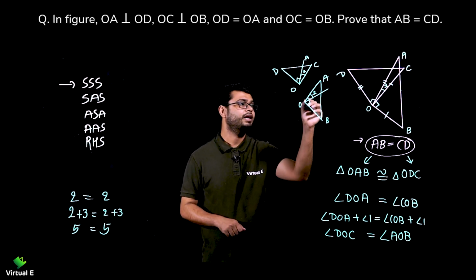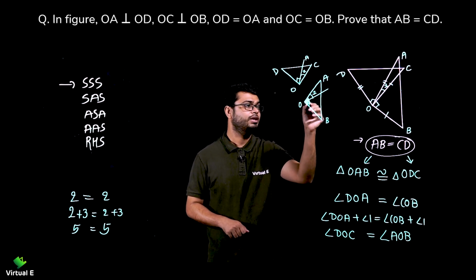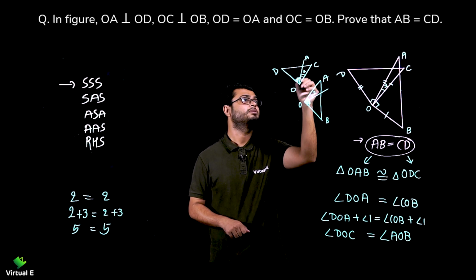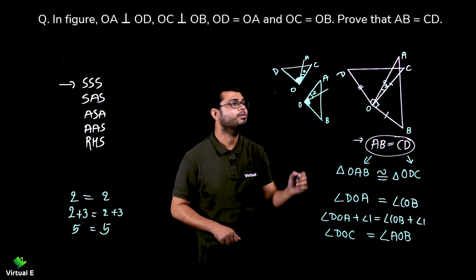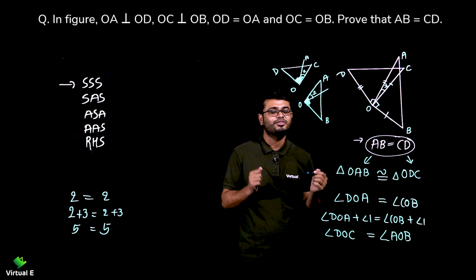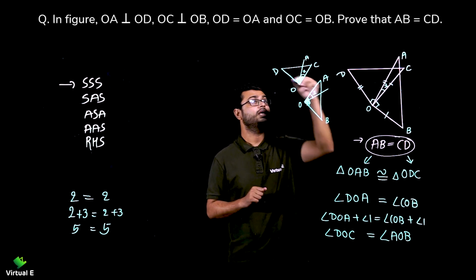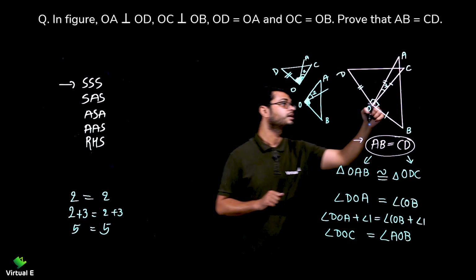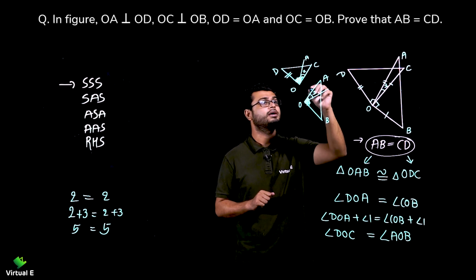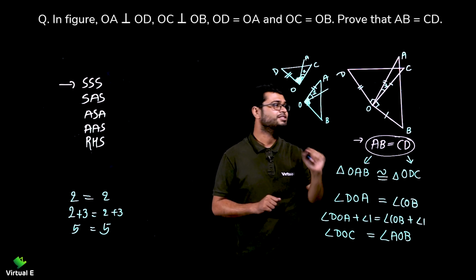We have the equal angle now, right? So that being done, now about the sides, two sides are already equal if you observe properly. OD here and here it goes with OA. So one side is equal.